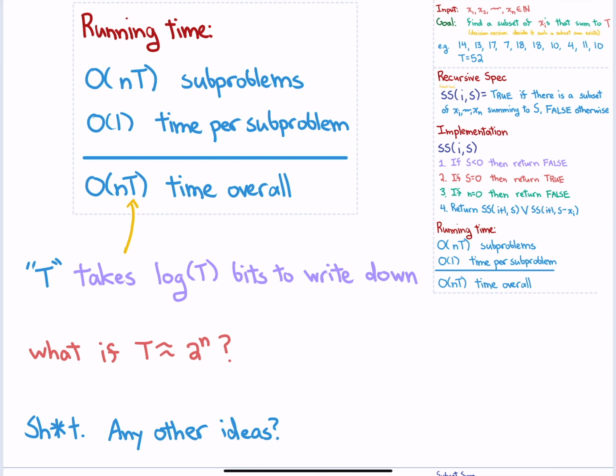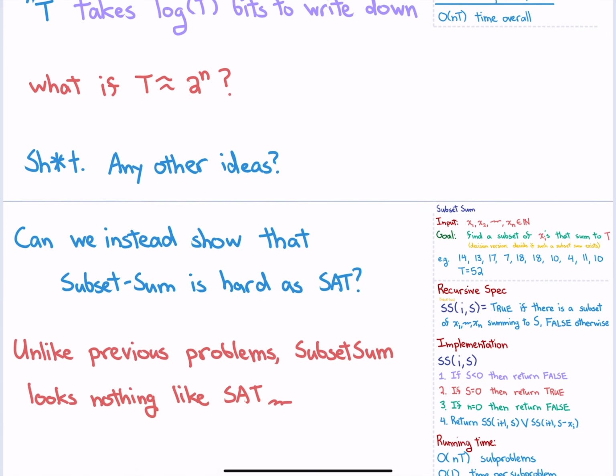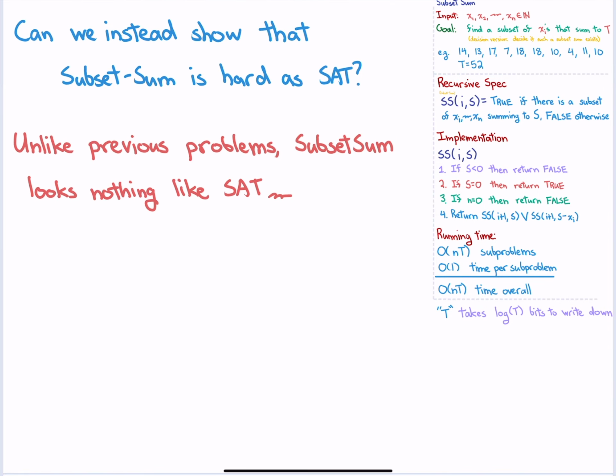Then we're going to try to do the other side. Let's ask the opposite question. Can we instead show subset sum is as hard as SAT? Compared to previous discussions, subset sum doesn't look anything like SAT.